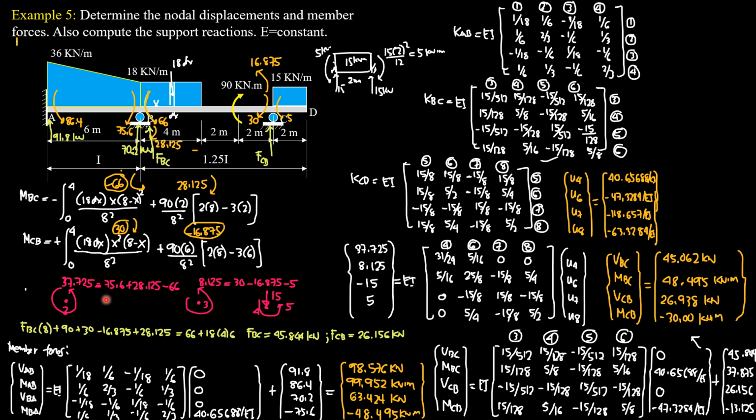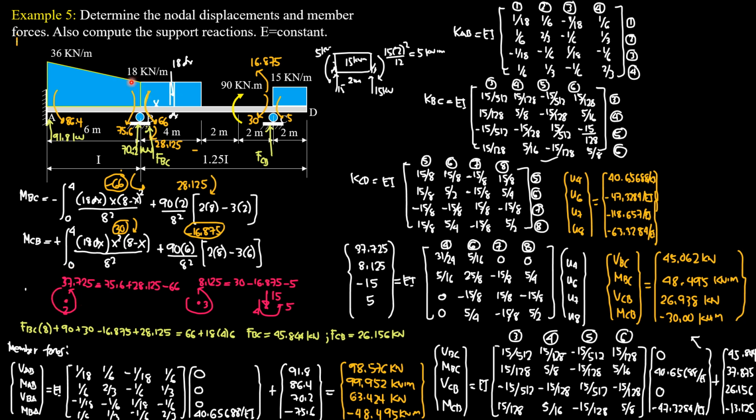So therefore, at node 2, which is B, the net moment is 75.6 plus 28.125 minus 66. So it is clockwise. The net fixed end moment is clockwise, but the nodal load is opposite to that, so counterclockwise.